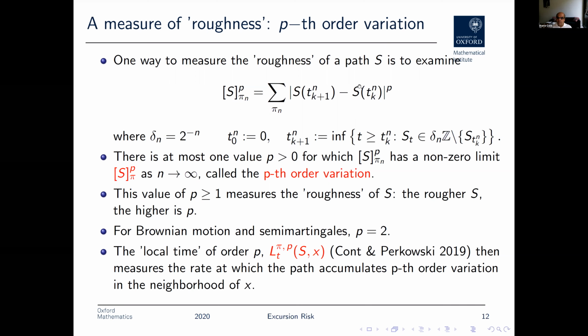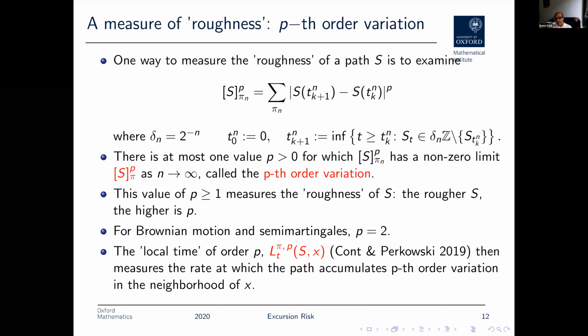So you take the sum of increments to the power p along this partition, and you say that S has pth order variation along this partition if this sum converges to a non-zero limit as n goes to infinity, as you refine the partition.